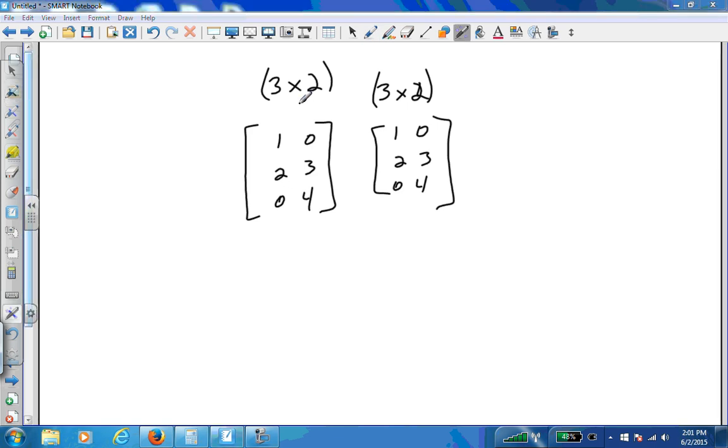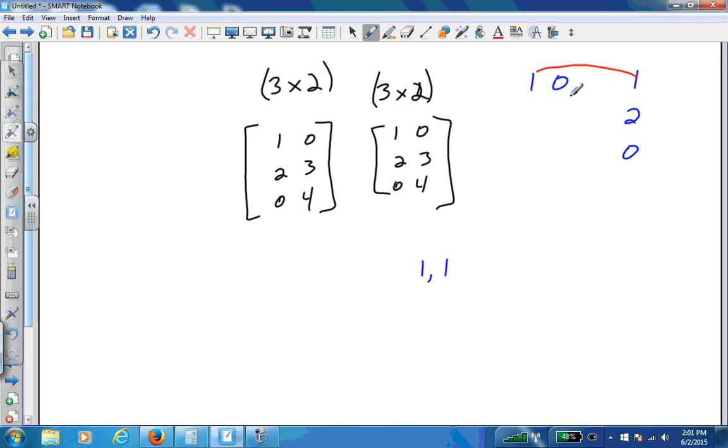So in order for us to multiply these together, our row 1, column 1 element would come from taking the first row times the first column, but notice there's a problem. When we take the first row and then the first column, they don't have the same number of elements.